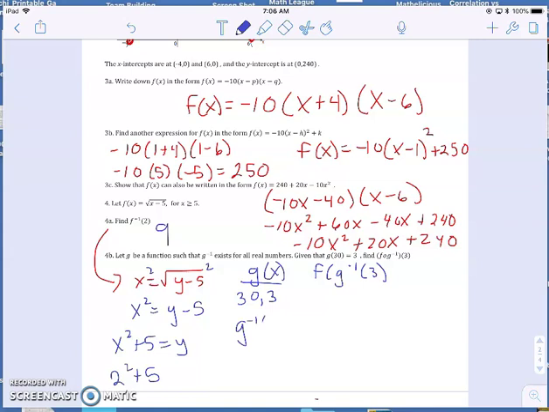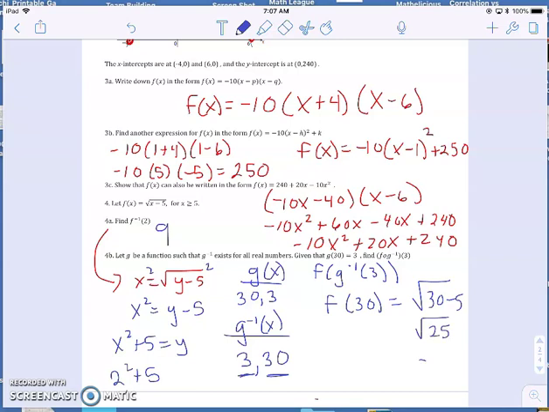So on our inverse, we know that it's 3, 30. So our inverse at 3, so this is really f of 30, because we're evaluating our inverse at 3, and we know 3 pops out 30. So this would be the square root of 30 minus 5, the square root of 25, which is 5.